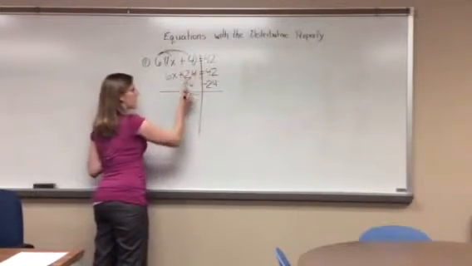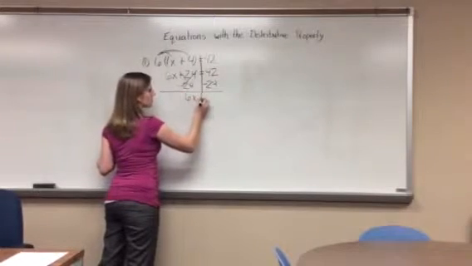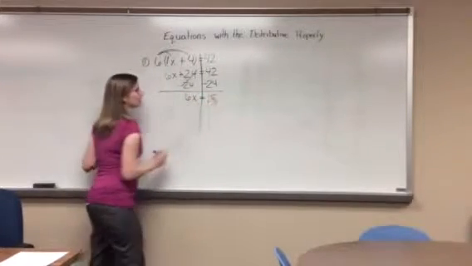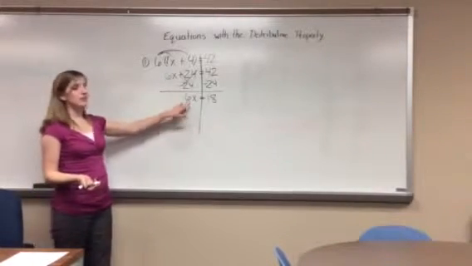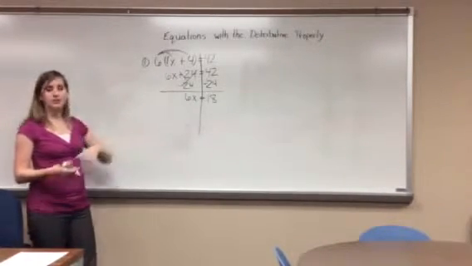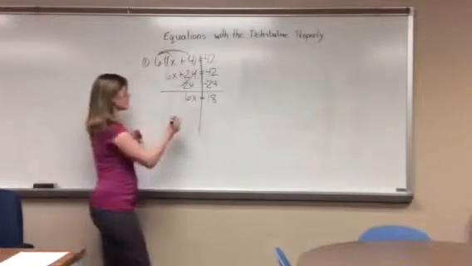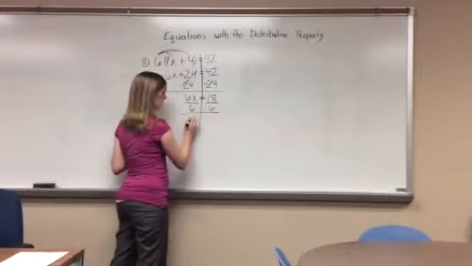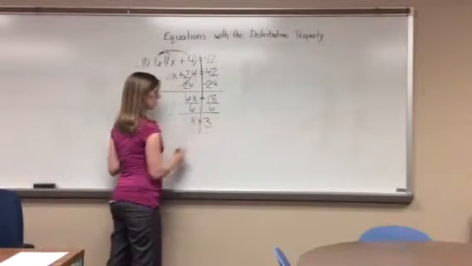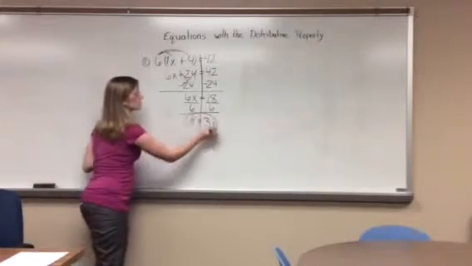They cancel. I get 6x equals 18. And then my next step, to cancel out the 6, this is 6 times x, so the opposite would be divide. I'm going to divide both sides by 6. X equals 3. And that's our solution.